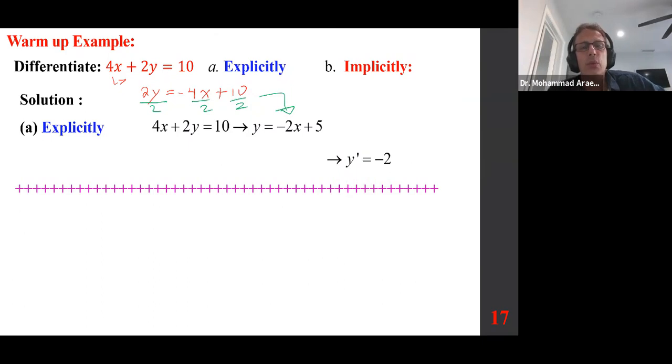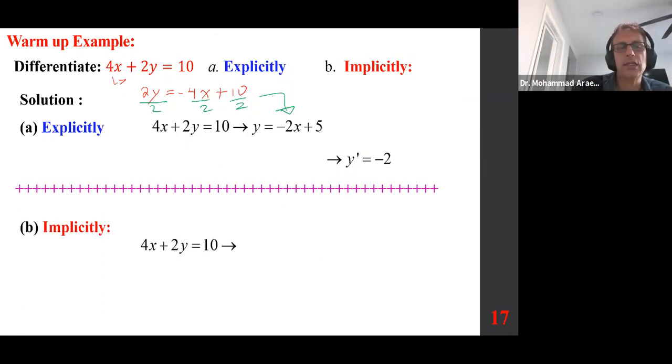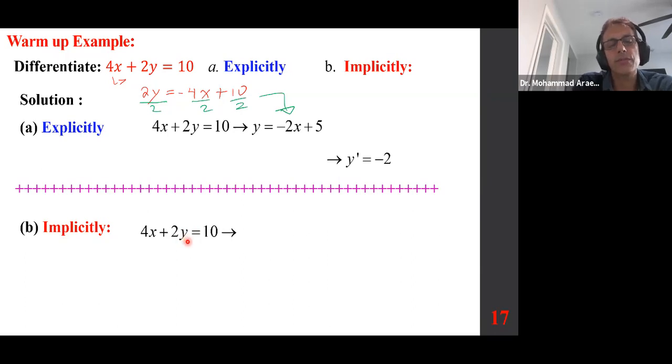Or we can differentiate it implicitly as it's given, term by term. 4x, the derivative is simply 4. Plus 2y is plus 2. Now what is the derivative of y? Y prime or dy dx.